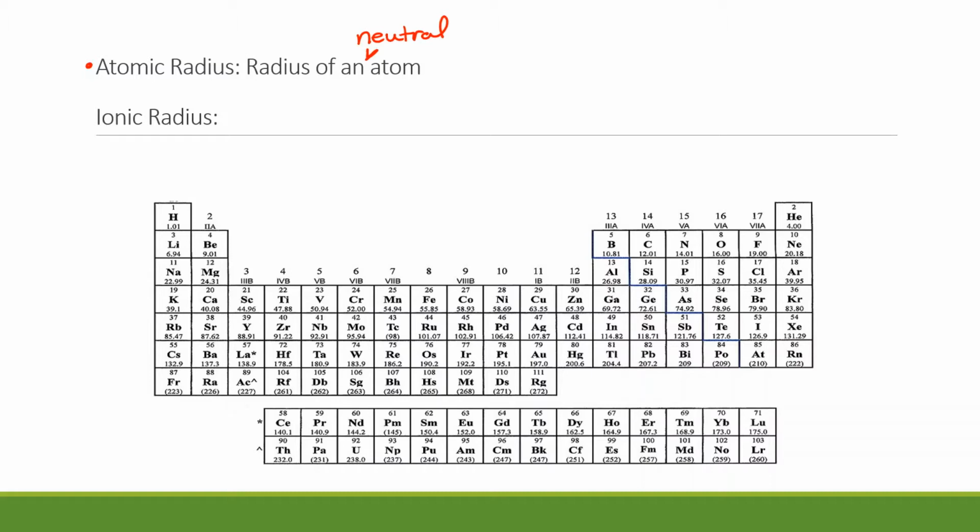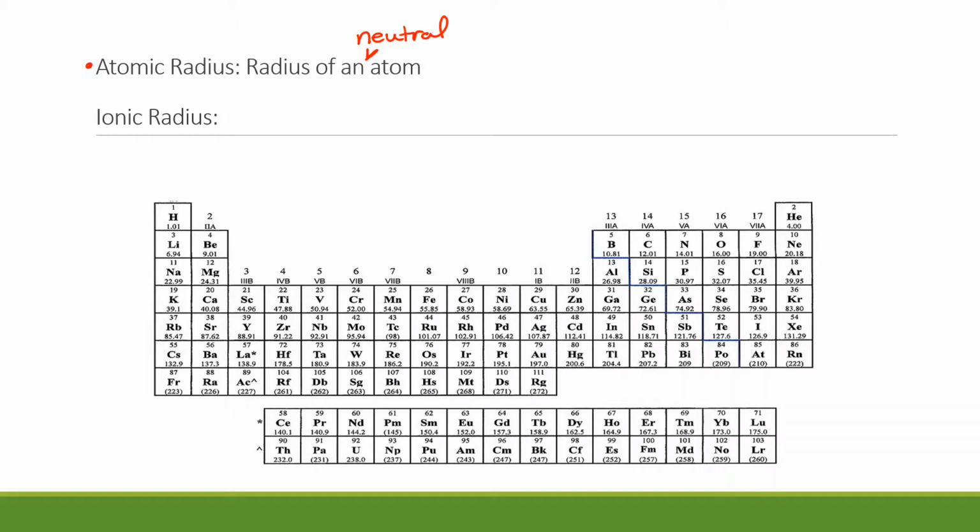But, are all atoms neutral? No, they are not all neutral. We can also have atoms that we call ions. And ions happen when an atom either gains or loses electrons.